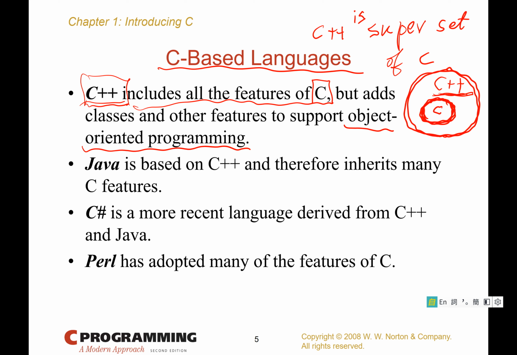The major reason is that about 30-some years ago, software engineers thought the object-oriented programming concept was important. It is a new paradigm for developing and maintaining good programs that can be easily maintained and easily programmed. So they invented C++. The reason it's called C++ is that it adds more features to the C language.